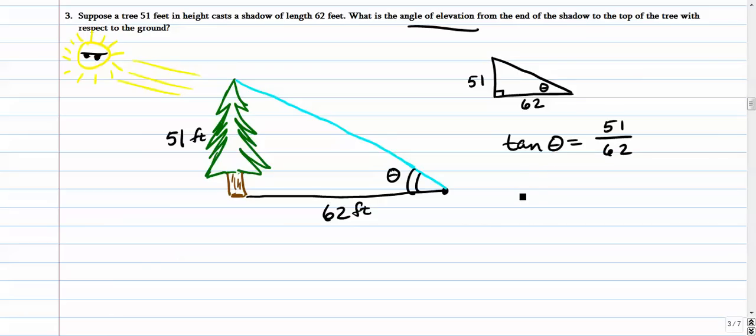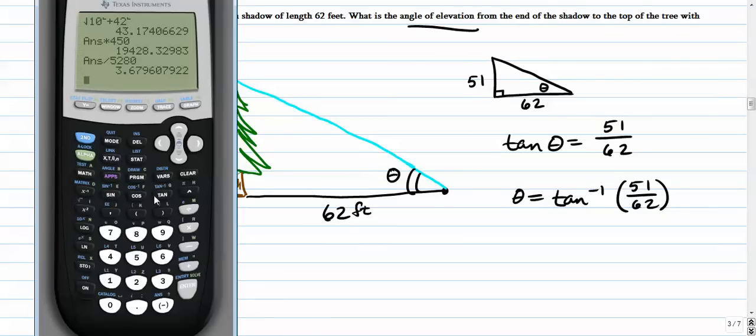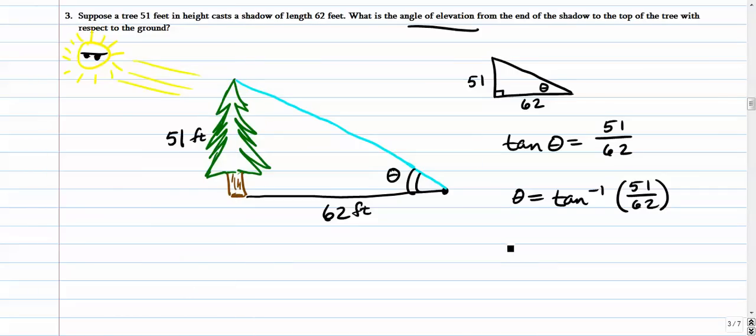Since we're looking for an angle, that's a good indicator that we're going to use the inverse tangent, or what we call the arc tangent. So in your calculator, you hit inverse tangent 51 divided by 62. And that'll give you your degree. It's 39.44 degrees.